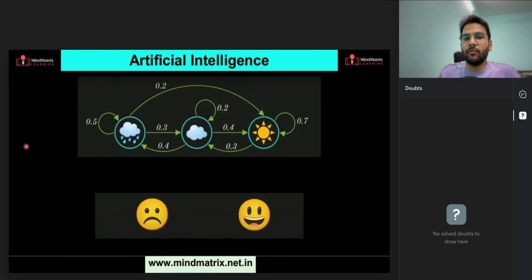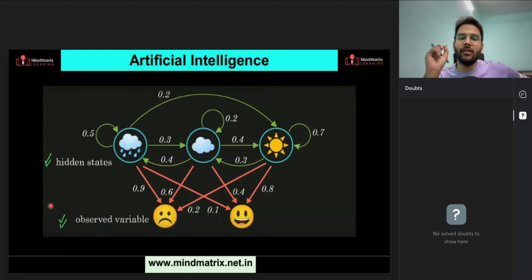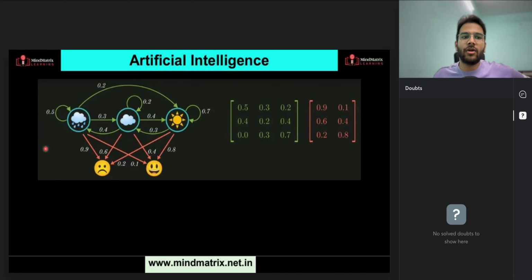So based on this graph, it is clearly mentioned here that these three states are hidden states and these three states are observed variables or observed states or observed events, you can say. Now based on this graph, can I write the transition probability matrix and emission probability matrix? The answer is yes, it is quite simple. The green matrix that we have is nothing but our transition probability matrix.